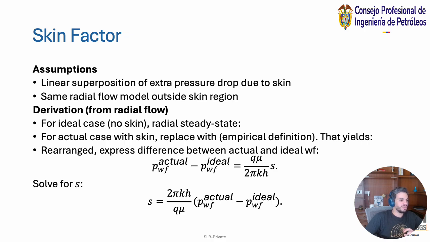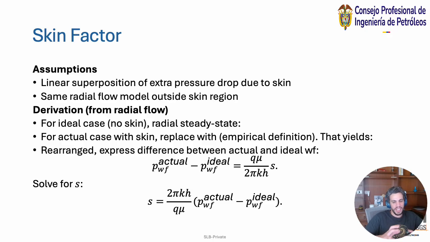So in the volumetric flow world, you get Q equals 2 pi kh multiplied by delta p, divided by mu times the natural log of re over rw plus s, so the natural log of the radius ratio plus the skin factor, all multiplied by mu, right?